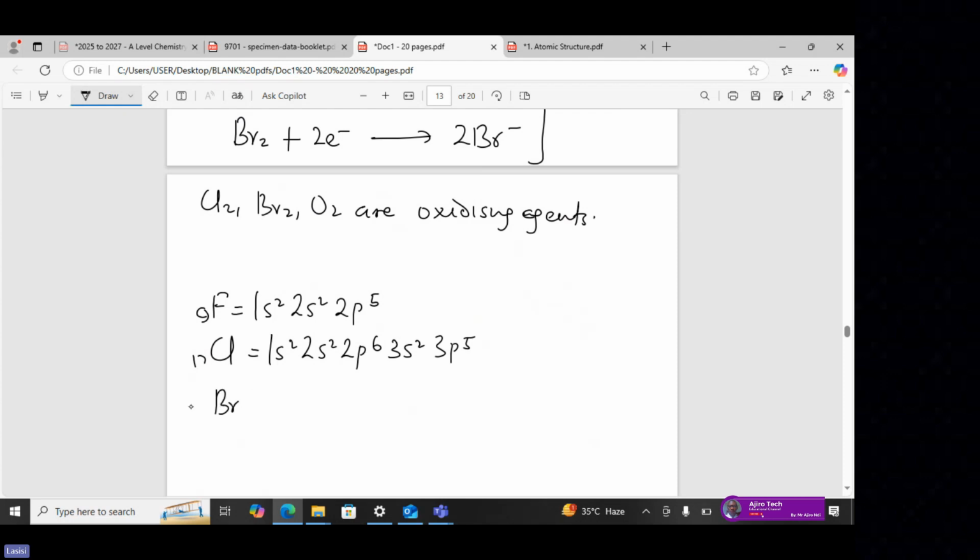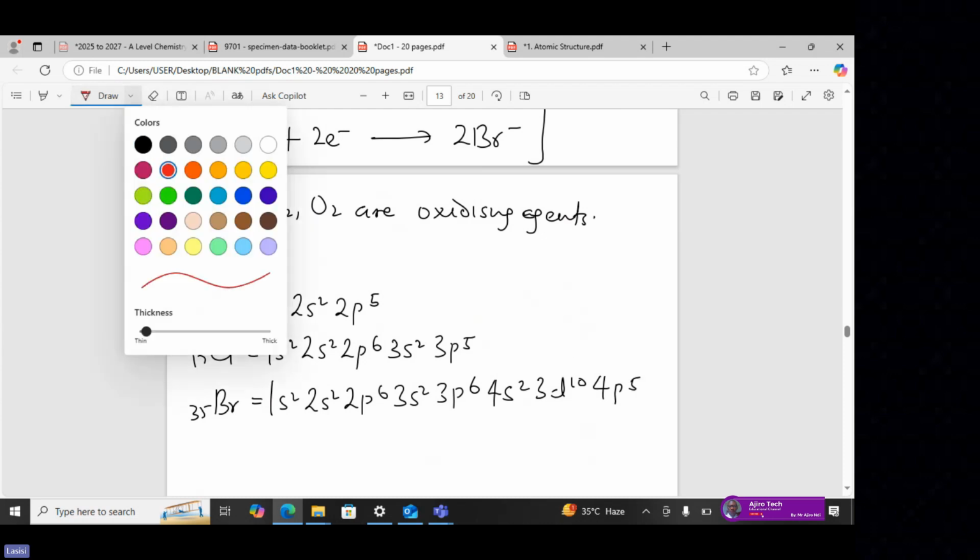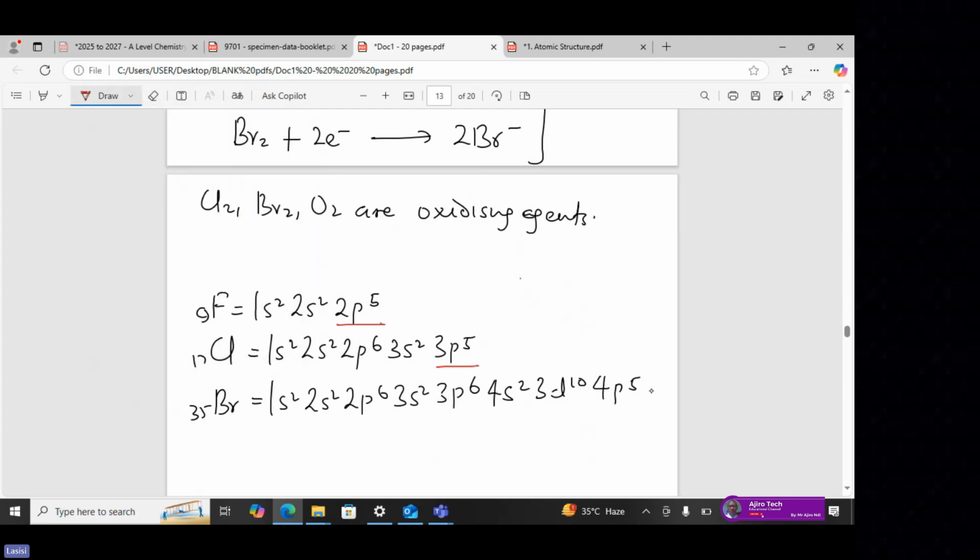Bromine is number 35: 1s2, 2s2, 2p6, 3s2, 3p6, 4s2, 3d10, 4p5. Can you see that? They all end with what? They all end with p5. They want to gain 1 and become p6 and be stable. Do you agree to that? So all group 7 elements have p5.